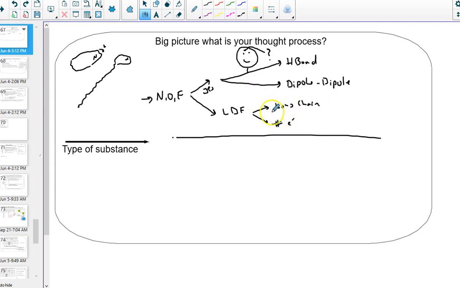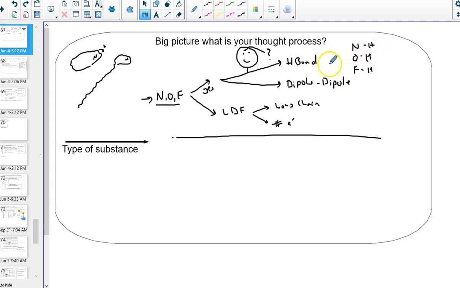Now the key word I meant to say there was major force. If you don't have one of these, could you still have hydrogen bonding? I would say typically the answer would be no. So hydrogen bonding really is a specific force where you have one of these guys hooked to hydrogen, and that would be hydrogen bonding. Okay?